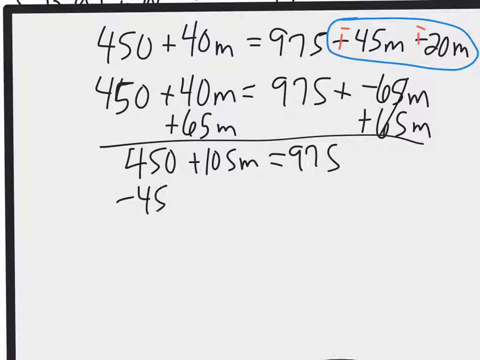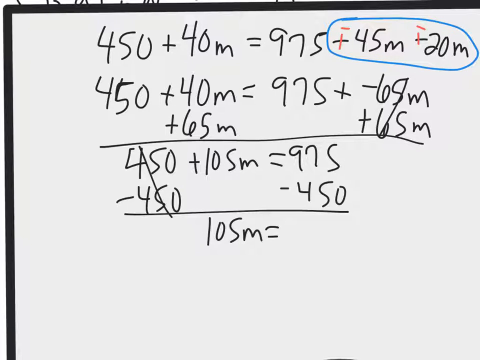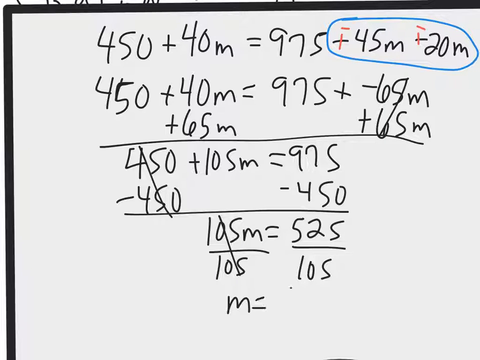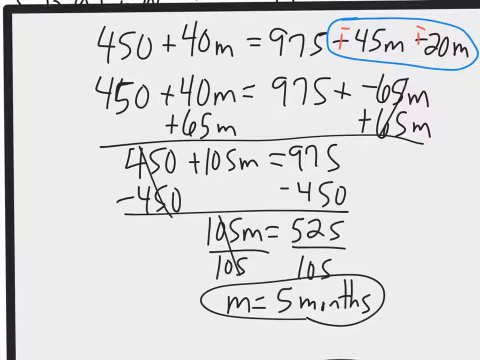And then we can subtract to get the variable by itself. And then they're multiplying, so we can divide. And that would be 5. So after 5 months, they would have the same amounts.